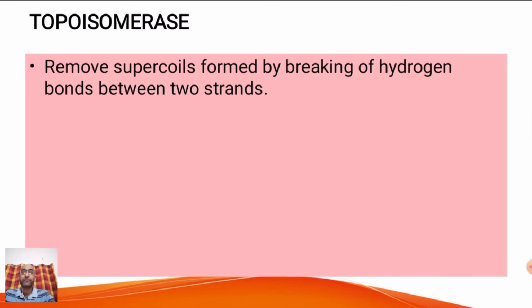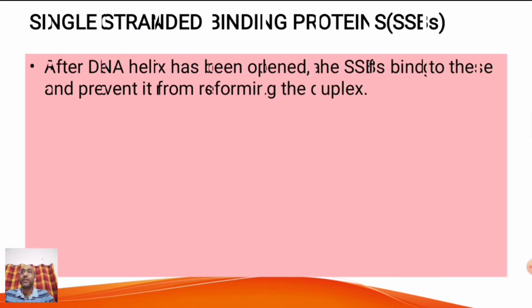Now, the third one is single-stranded binding proteins. As the name suggests, these are certain proteins which bind to the single strands of the DNA helix. Once the helicase unwinds the DNA, the double-stranded structure becomes single-stranded.